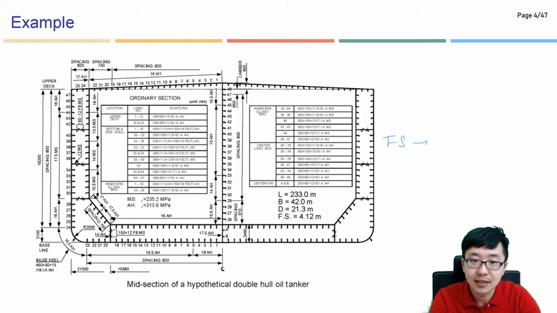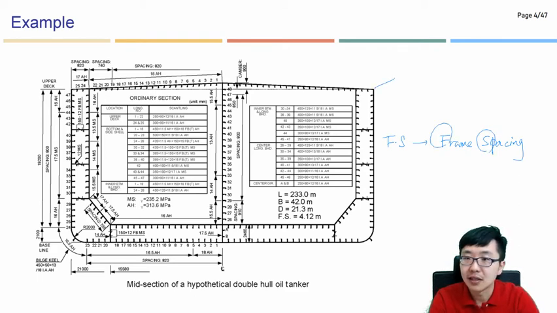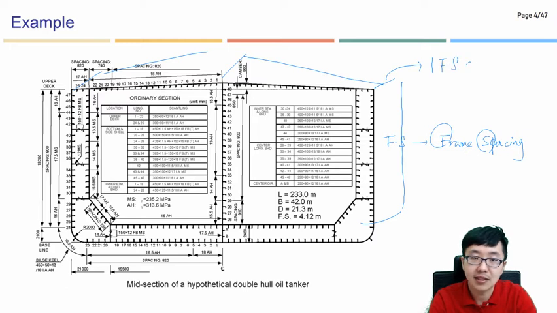FS is frame spacing. This is common sense. Please have a look. I will show you the details, but this is one frame spacing. This is generally like 5 meters for an oil tanker, sometimes 4, sometimes 6, sometimes 4.5, 4.8, something like that.